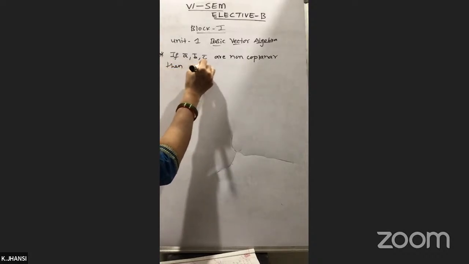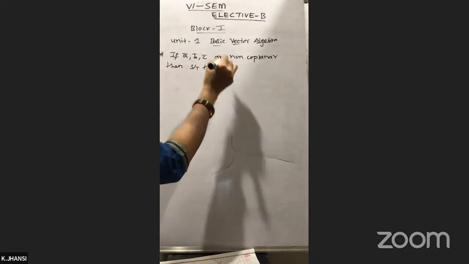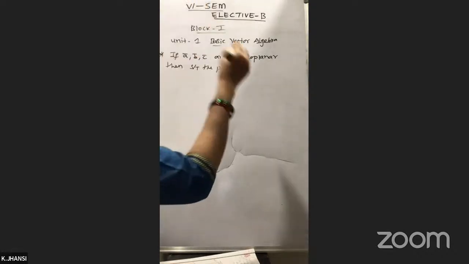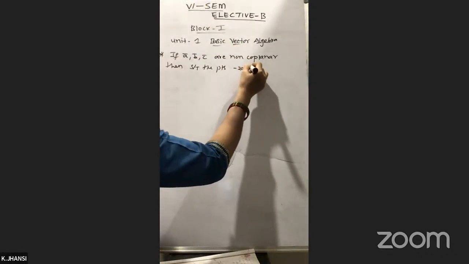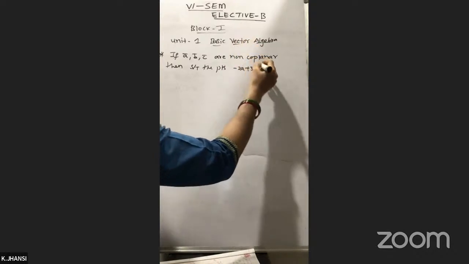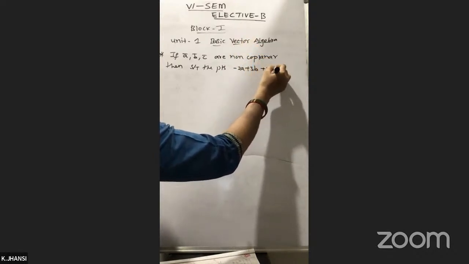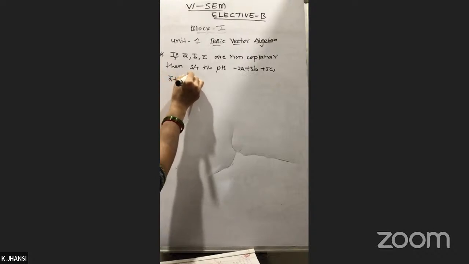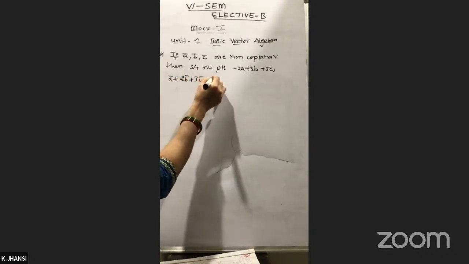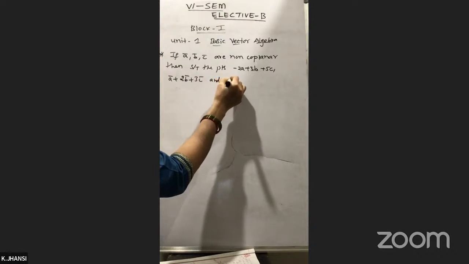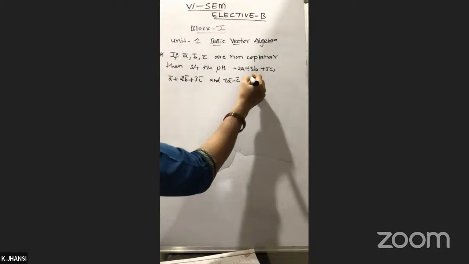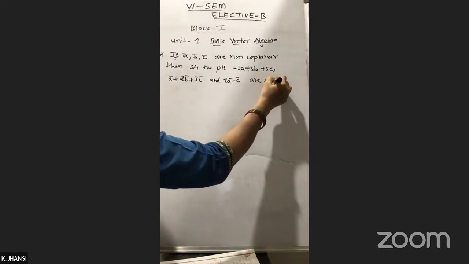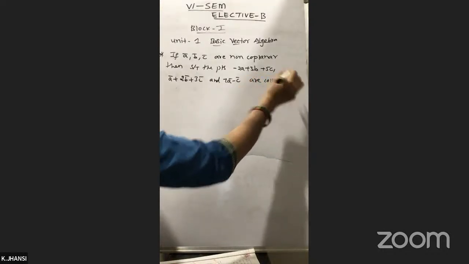Show that the points minus 2a plus 3b plus 5c, comma a plus 2b plus 3c and 7a minus c are collinear. So we have to show this one.